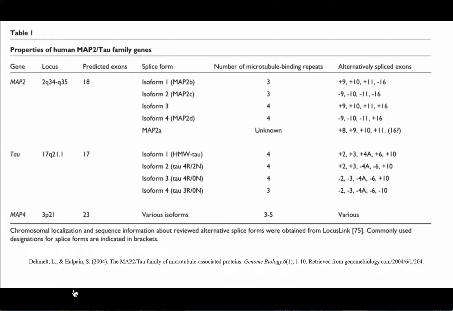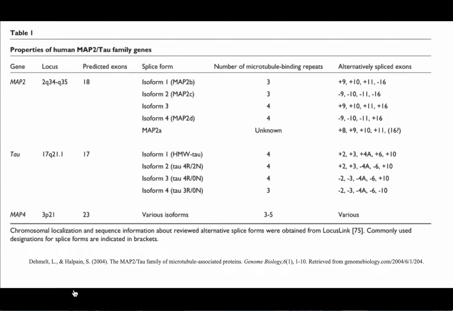So when looking at a model organism, I really want to make sure that this model organism has a system in place to where I can manipulate these isoforms and investigate which ones are more important, where we see deletions within these exons, so that I have it there in order to investigate tau and MAP2 relations.